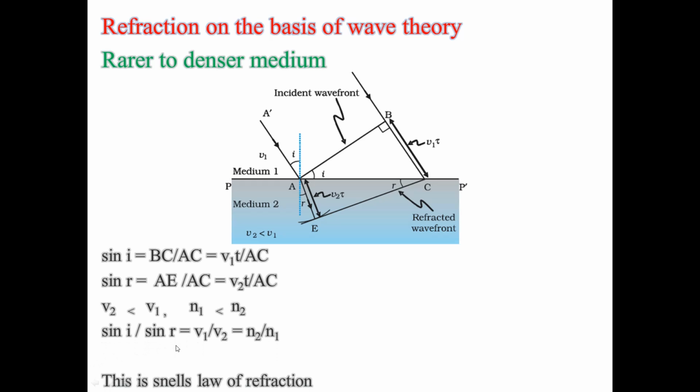Therefore, sin I by sin R is equal to V1 by V2, which is equal to N2 by N1, the refractive index of the second medium with respect to the first medium. And this is Snell's law of refraction.